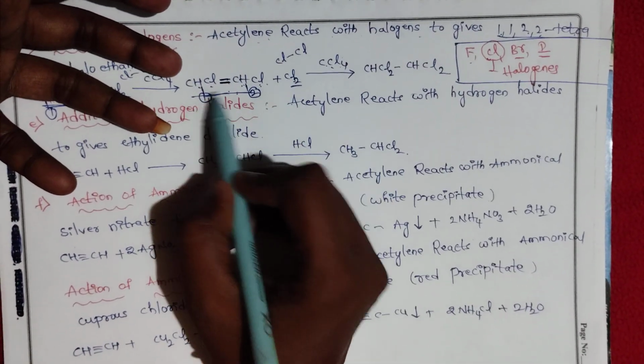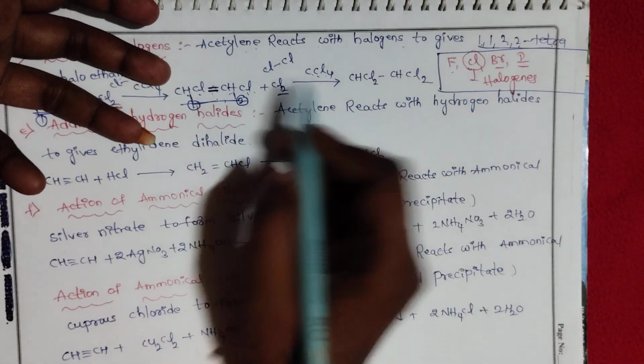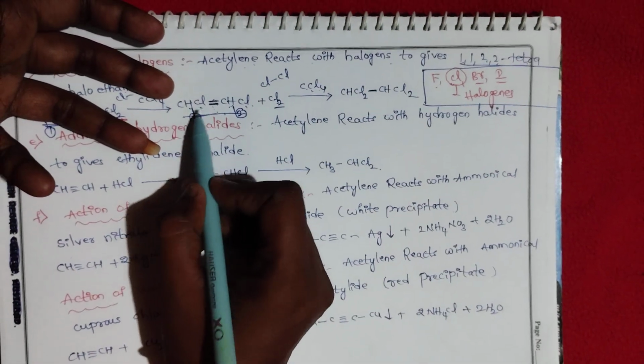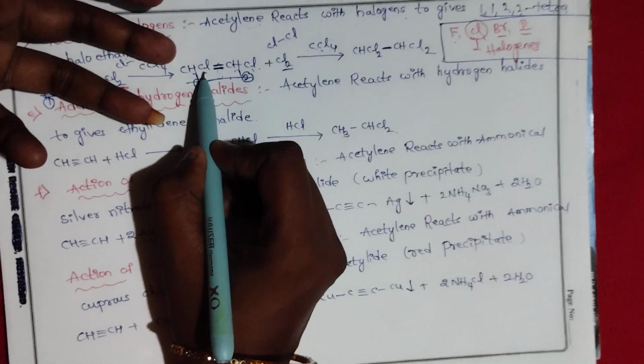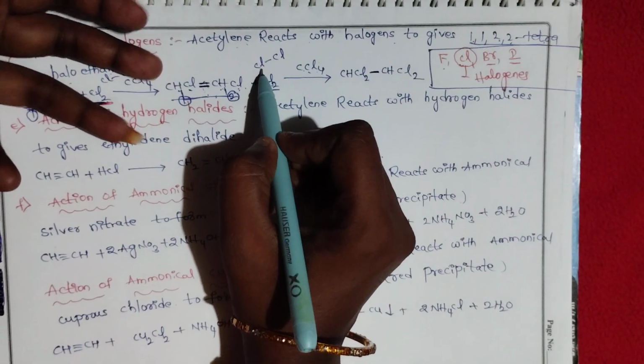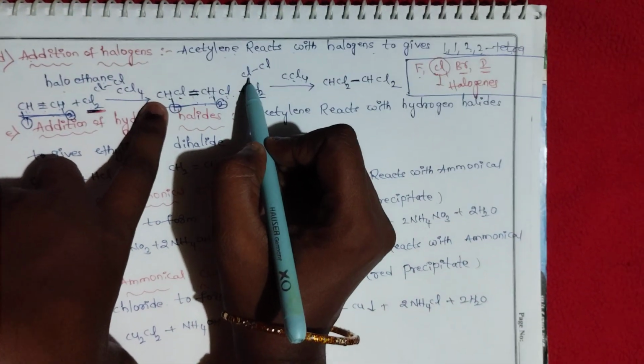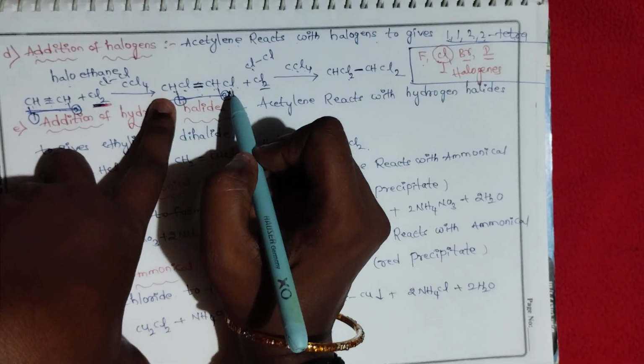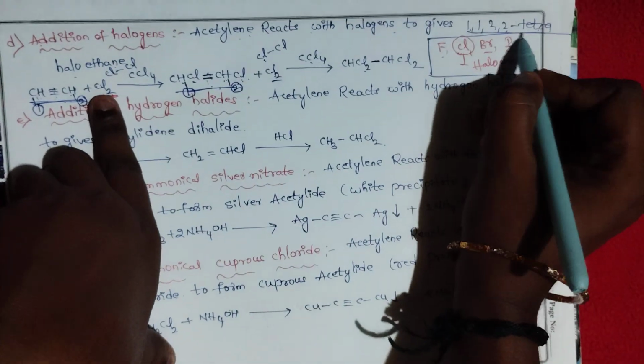By the addition of these chlorines, the double bond is converted into which bond? Single bond. Initially this side, how many chlorines are there? One chlorine. By the addition of another chlorine, finally how many chlorines do we get? Two chlorines. This side two chlorines and this side two chlorines. That is why it is tetrahalo.